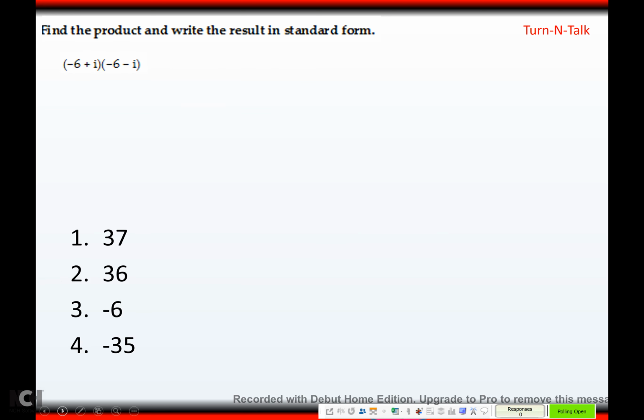All right, try this one, hit pause, come back when you're ready. And hopefully you got 1. So I do -6 times -6 is +36. -6 times -i is +6i.